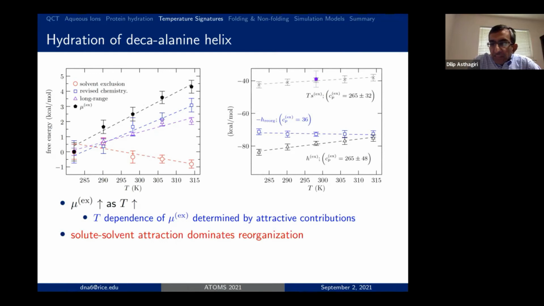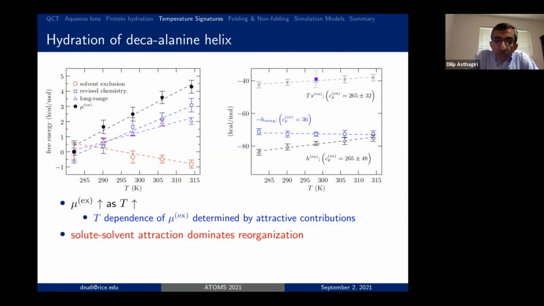And just as a sanity check of our calculations, now you see there is a reversal. The enthalpy of hydration is more negative than the entropy term. And again, consistency checks are obeyed. Notice the reorganization term is much, much smaller than what we get from direct solute solvent attraction.